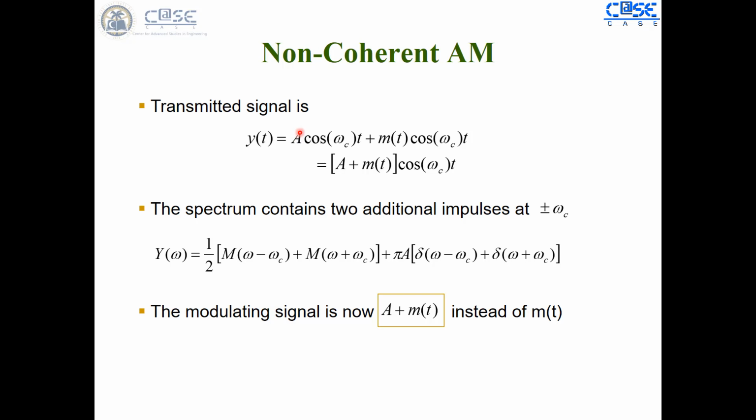And the amplitude A is associated with the carrier term. So if A is very large, this means your carrier term's amplitude is very large. And if you compute the power of this carrier, it will be very large, because we know the average power of this carrier is A squared by 2, right? So if A is large, the carrier power is going to be very large, right?